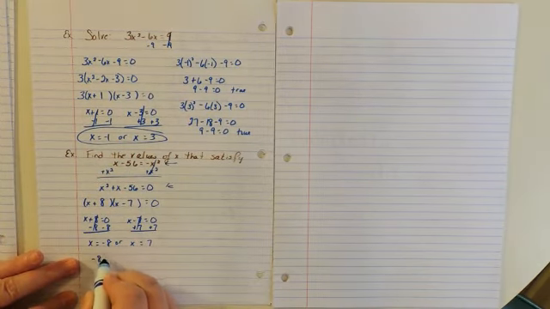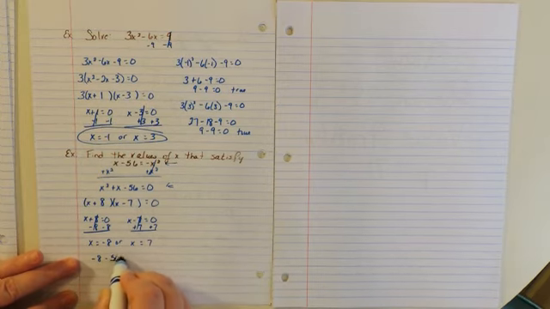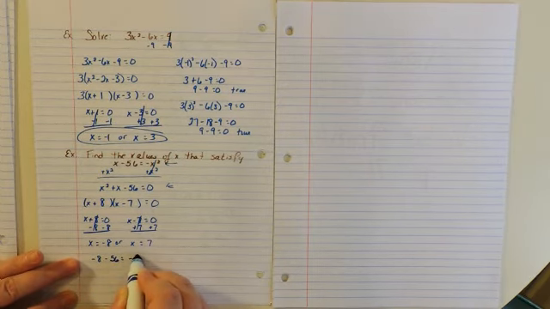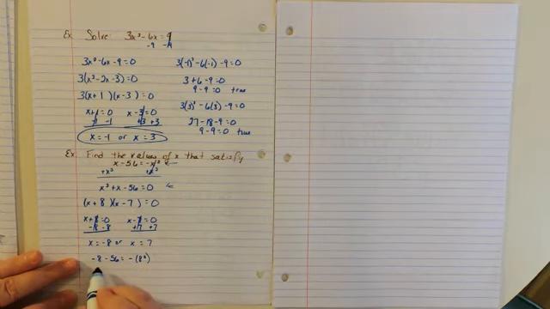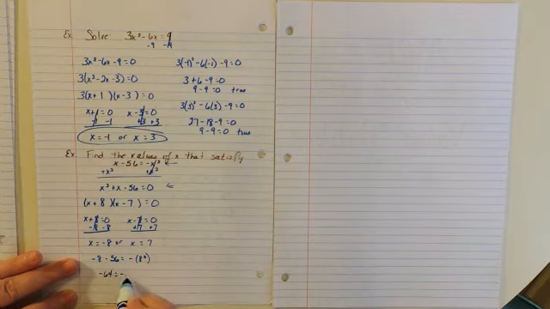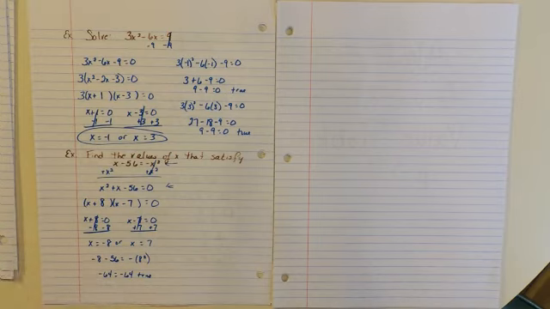So we have negative 8 minus 56 equals negative 8 squared. This is negative 64 equals negative 64, which is true. Okay?